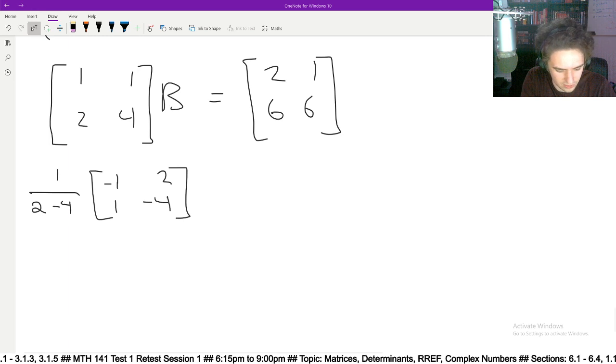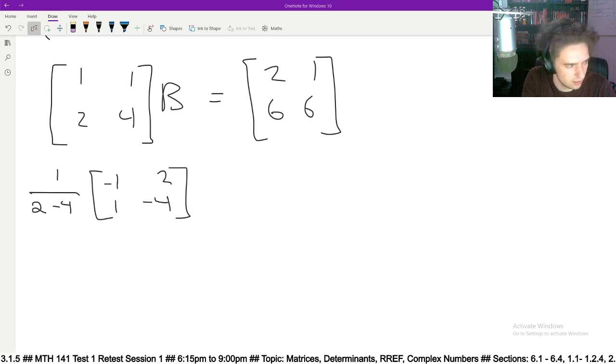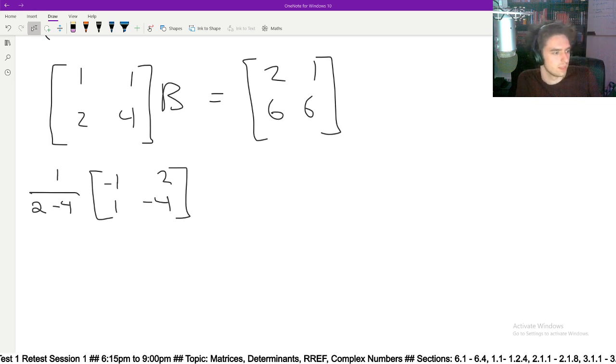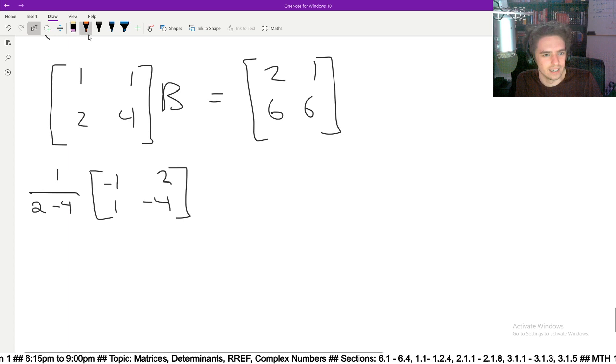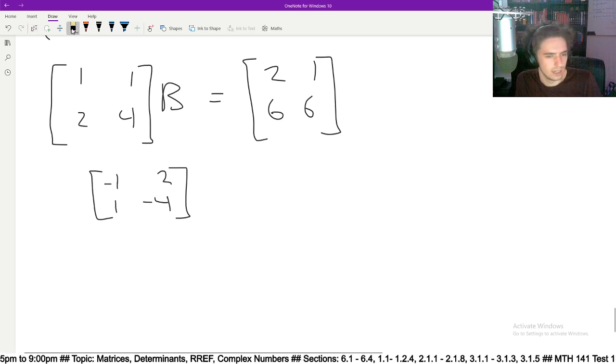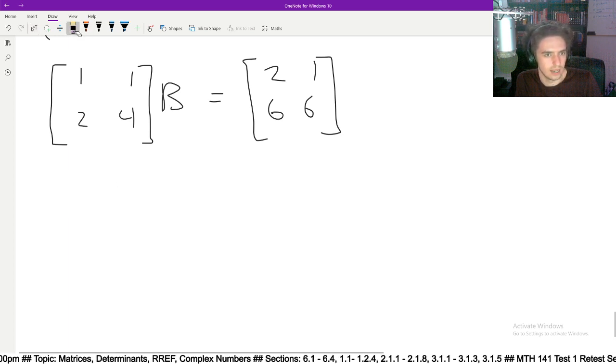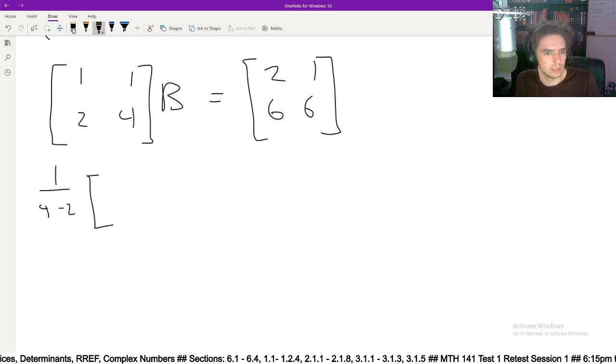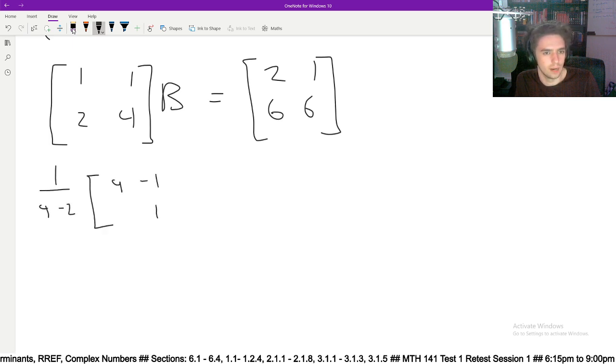Inverse of 2 by 2 matrix. Google Images coming in helpful. Okay, yes. So it's going to be 1 over 4 minus 2 times 4, 1, minus 1, minus 2.